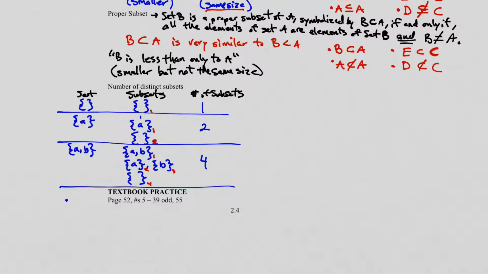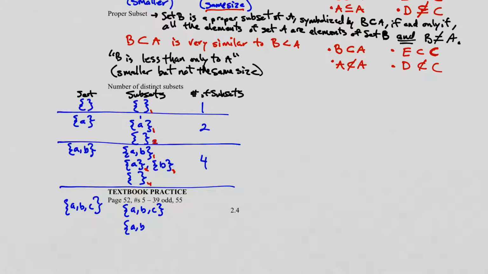So let's put in 3 elements in there. Okay, so again, what's a subset? It could be equal to or smaller. So it's going to be equal to itself. That's the largest subset you can have, and then we can start taking out 1 element at a time.